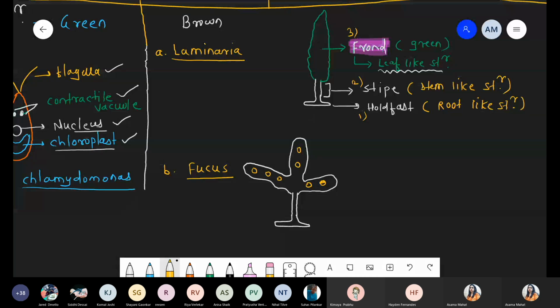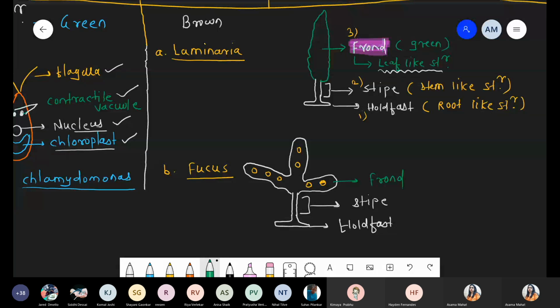The base is the holdfast. Now the middle part is called the stipe. And yes, Suhas, I'll explain that part. And finally this part is called the frond. Frond is green in color, and here also it will be the same, green in color.